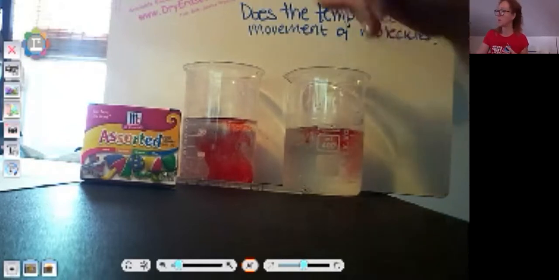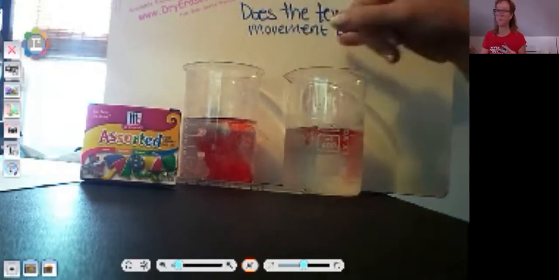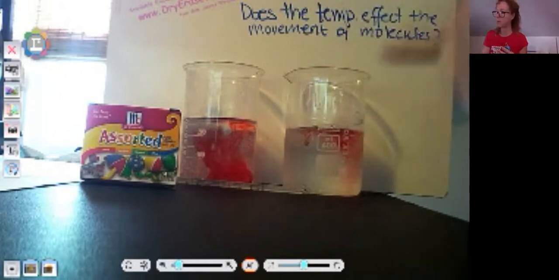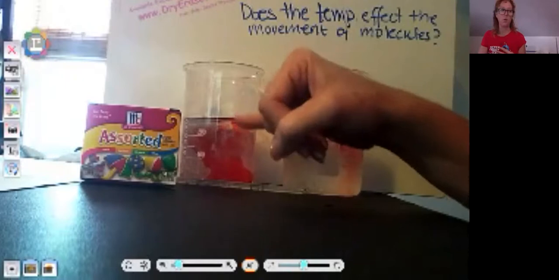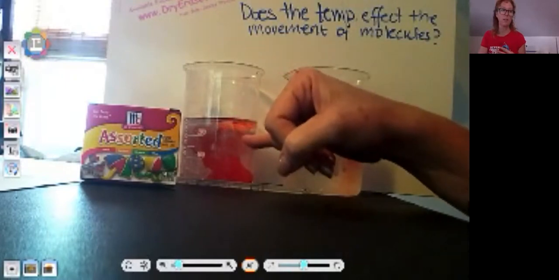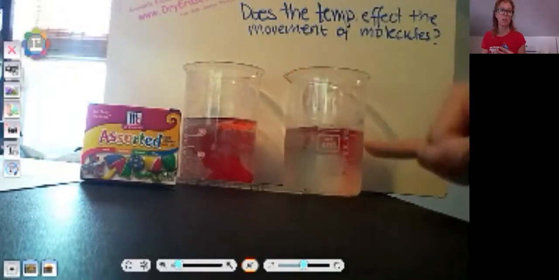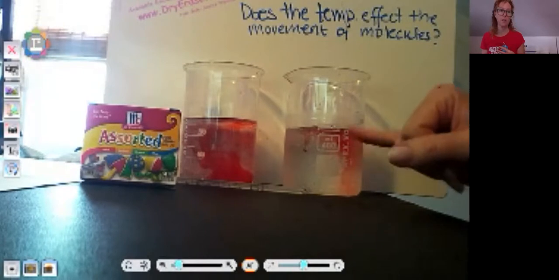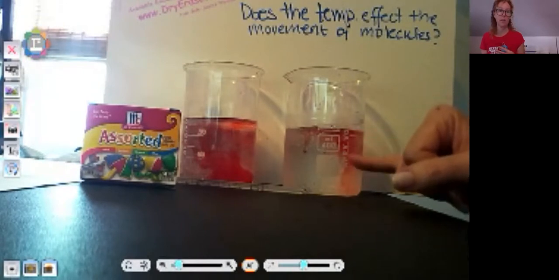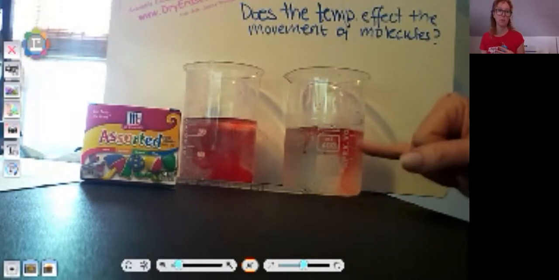So again, does the temperature affect the movement of molecules? Well, there's two pieces of evidence we have. We have the red food dye inside of warm water compared to the rate of diffusion of red food dye in cold water. You see that it's slowly starting to move.